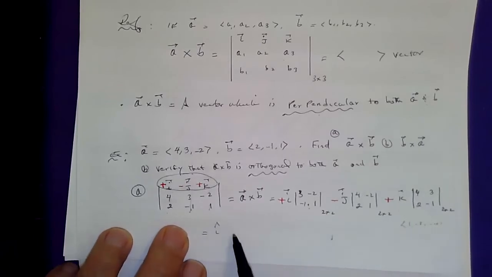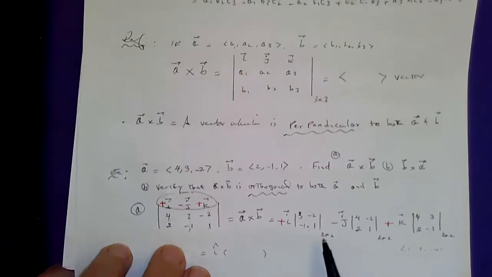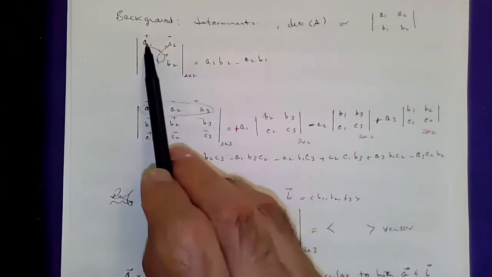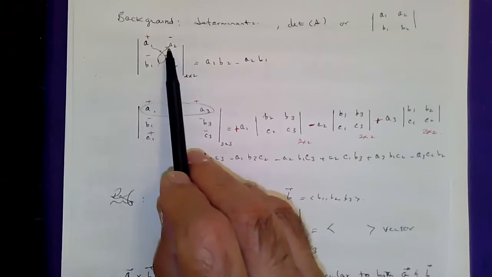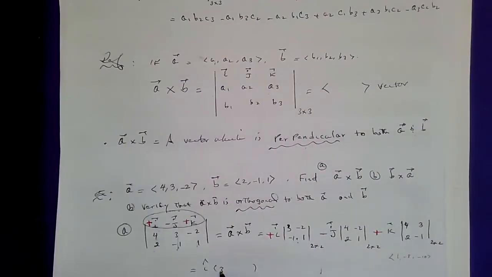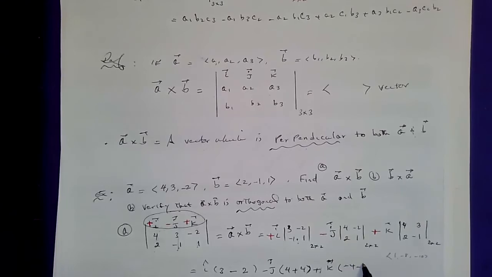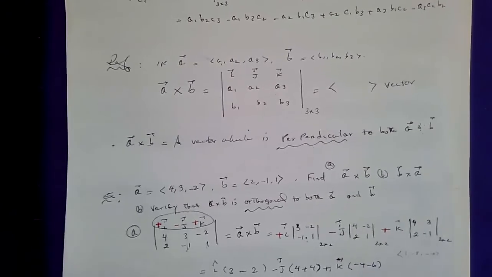So if I go through this computation, a 2 by 2 determinant is computed by this formula, A1 B2 minus B1 A2. So in this case, I get 3 minus 2 minus J times 4 plus 4, and then I get K times negative 4 minus 6.